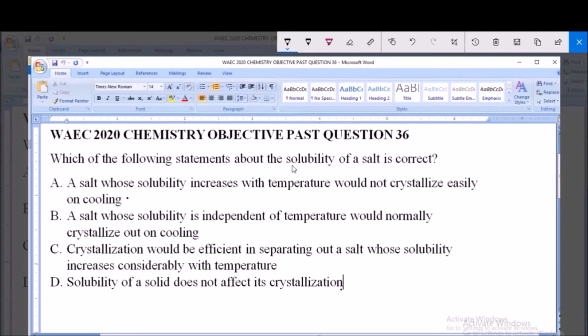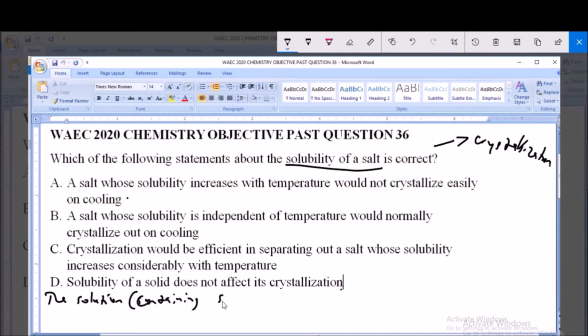So we are looking at the solubility of a salt as it relates to crystallization, the separation technique. In crystallization, what actually happens is that the solution containing the salt is heated to evaporate part of the solvent.